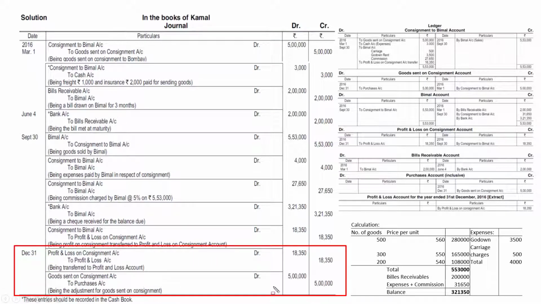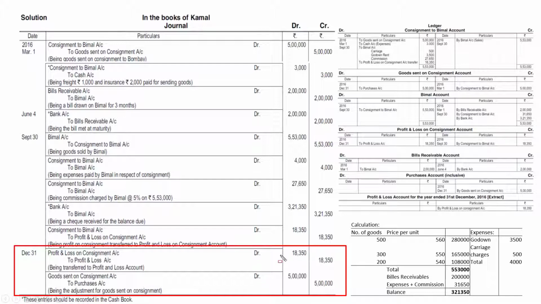After that, at the end of the accounting period, that is December 31st, there will be two journal records. The first one will be to transfer the profit and loss on consignment account to the main profit and loss account, that is the general profit and loss account. So the profit and loss on consignment account, which has a balance of 18,350, will be transferred to profit and loss account.